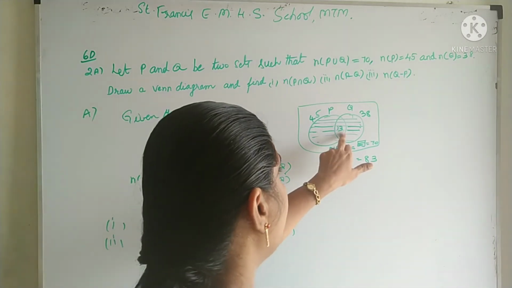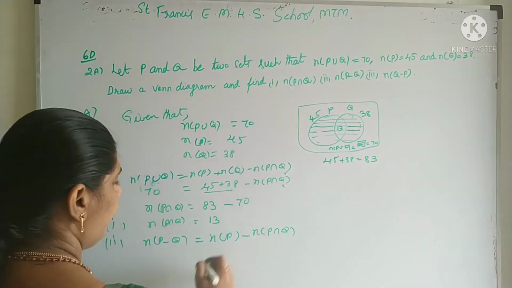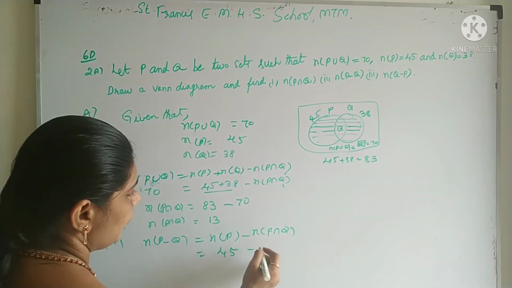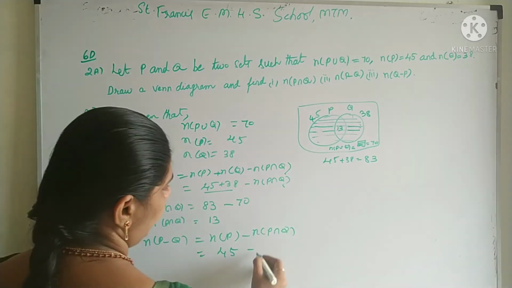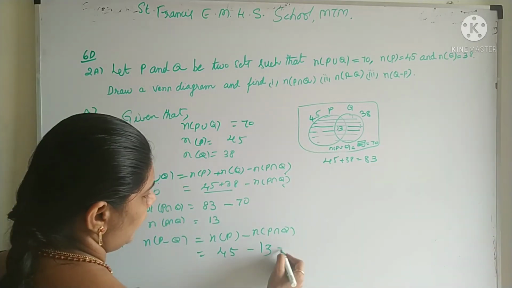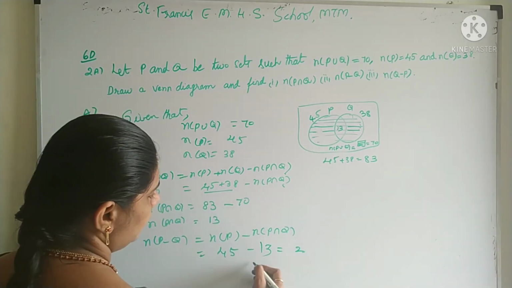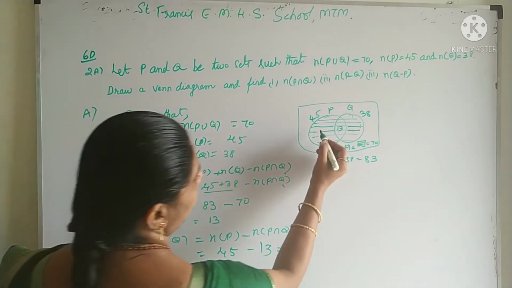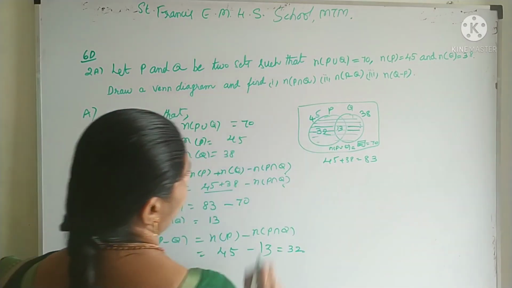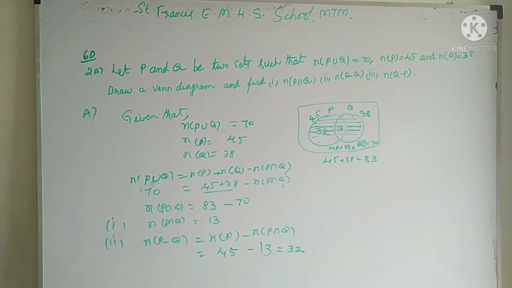That we have, 13. So total elements of n(P) is 45. What you got here, n(P ∩ Q), is 13. Eliminate this one, subtract it. How much do you get? 32. So only P elements, that is P minus Q, is 32.